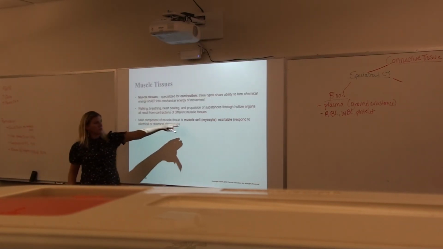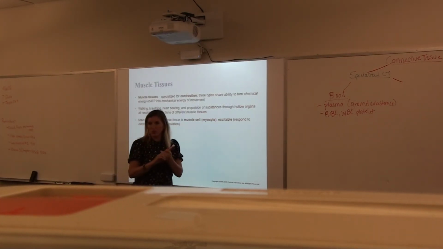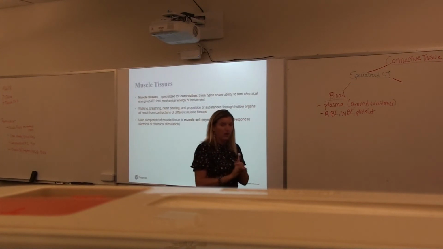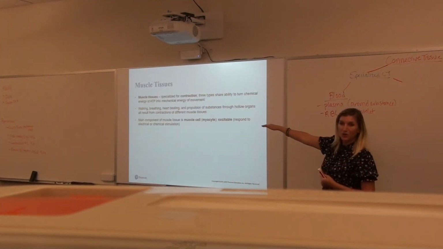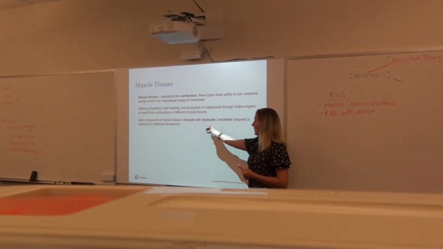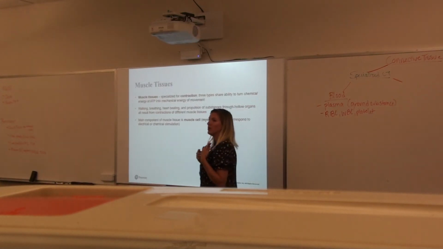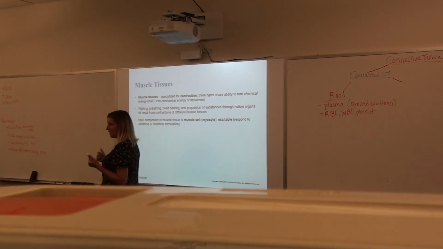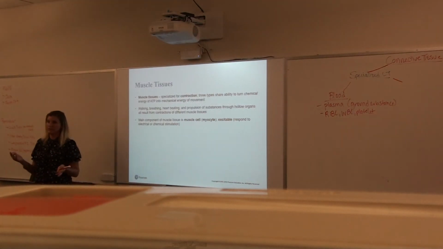Muscle cells are called myocytes. So we were introduced to the term chondrocyte, osteocyte. Here we have a myocyte. That suffix cyte, C-Y-T-E, means cell. Myo literally means muscle. So it's a muscle cell, and they're what we call excitable. An excitable cell is one that can do something.